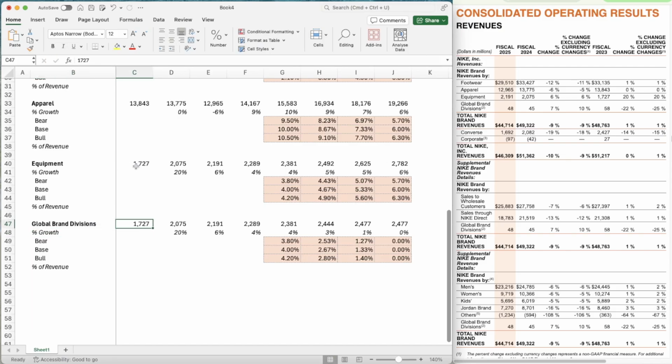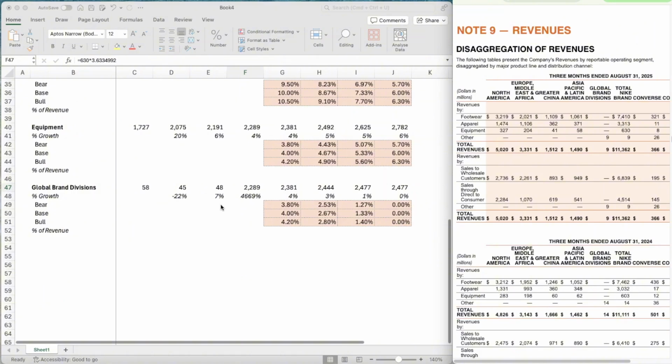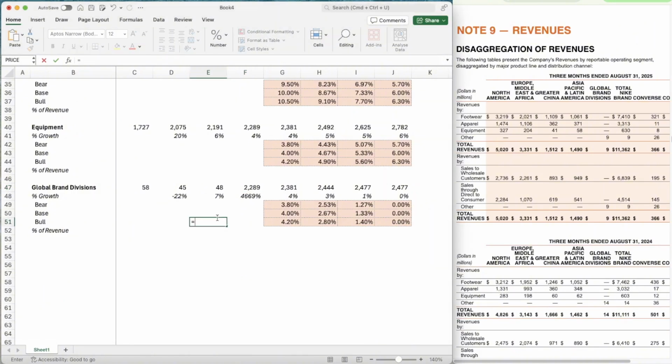B13, and so 58, 45, 48. In the grand scheme of things, global brand divisions and corporate are very, very small in comparison. So we don't have to worry too much about them.